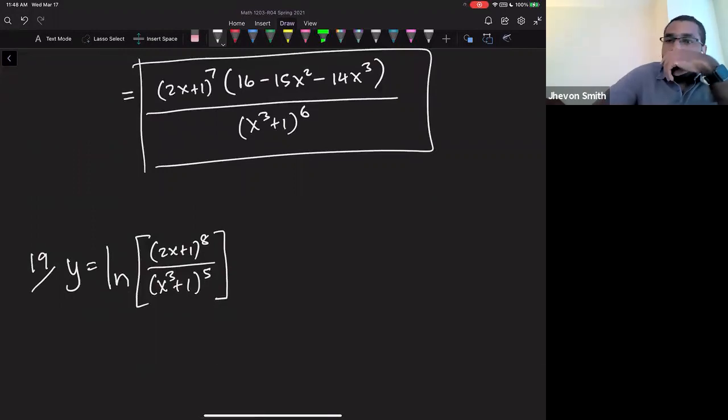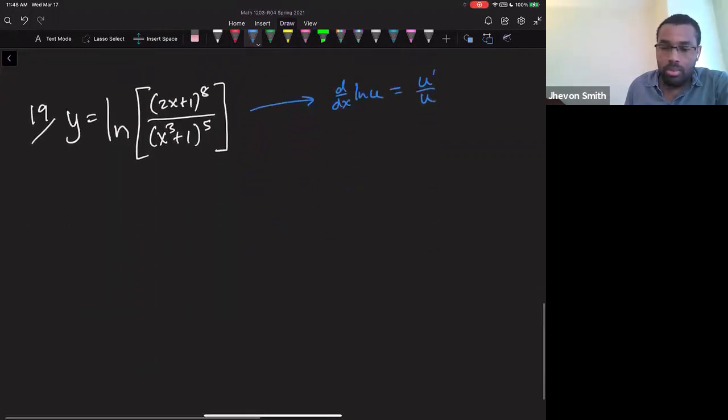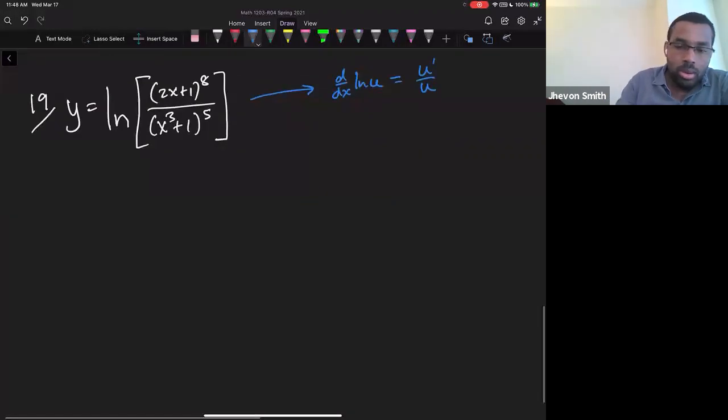So let's do this last one. What do we do here? U prime over U. We have the rule that the derivative of ln U is U prime over U, okay? So is that what we want to do here?